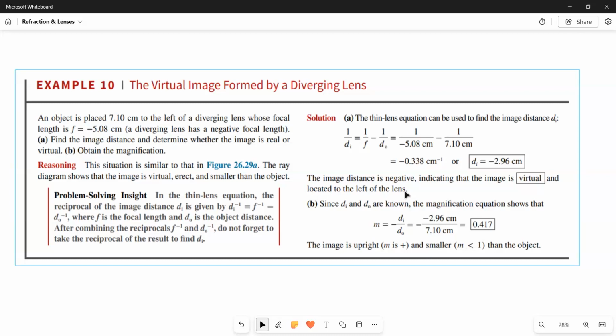We saw that, right? We saw that in the picture that I just showed you. And they want what else? Find the image distance and determine whether it's real or virtual. So we did that. The negative is telling you that it's going to be virtual, right?